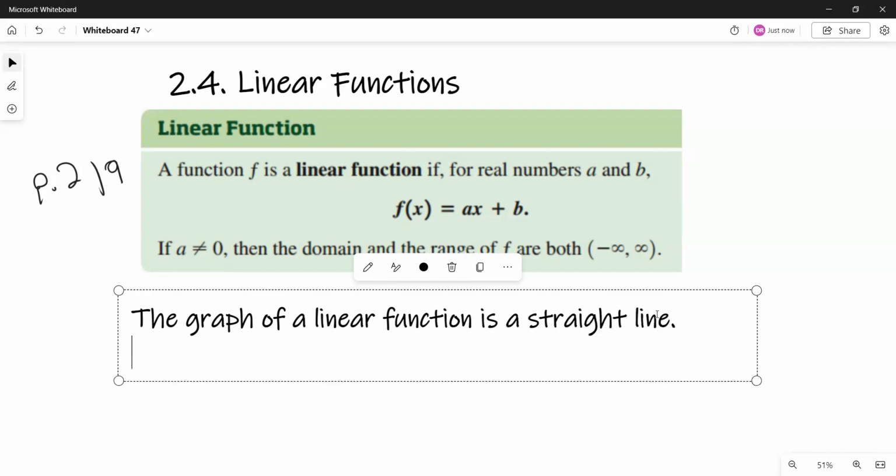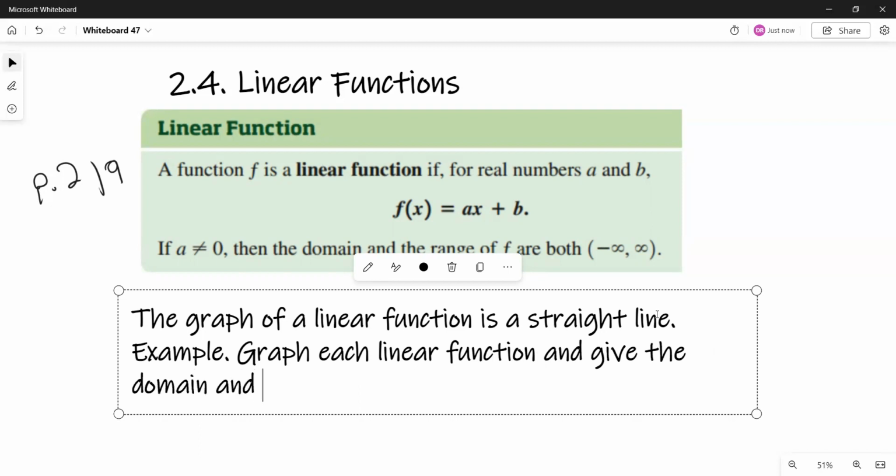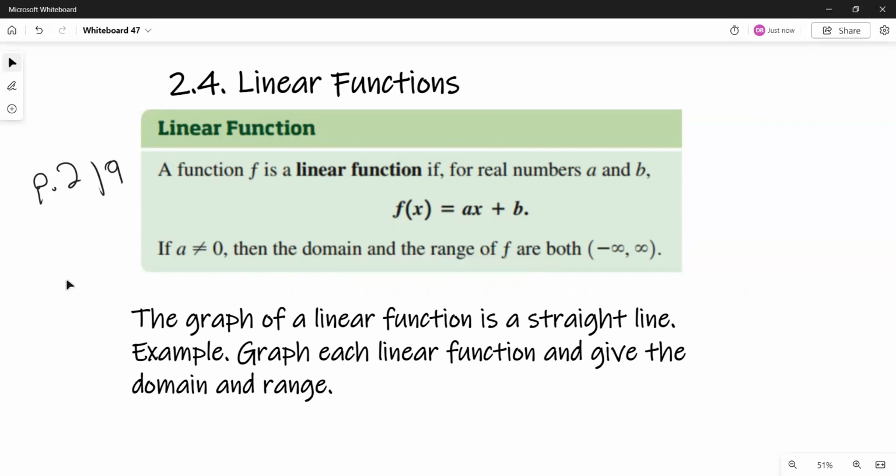Okay, so we're going to see examples of graphing linear functions. We're going to graph each linear function and give the domain and range. So in the definition, if the number that multiplies x is not 0, the domain and range are both all real numbers.